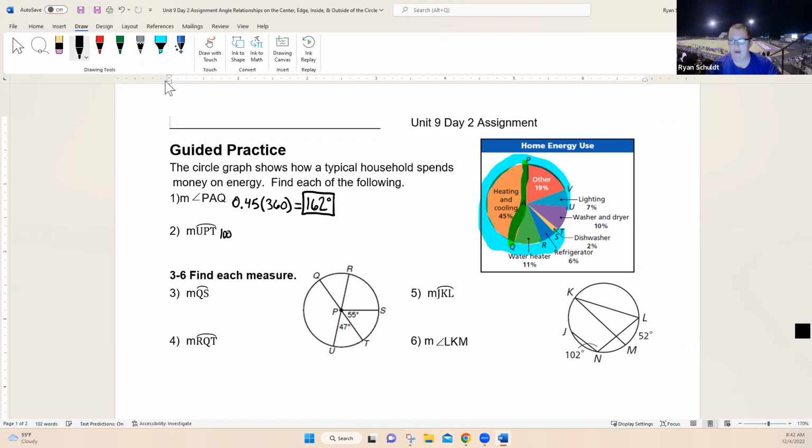So 100 minus 10 gets us 90%. So we can do 90% of 360, which will give us 324 degrees. There we go. There's that one.